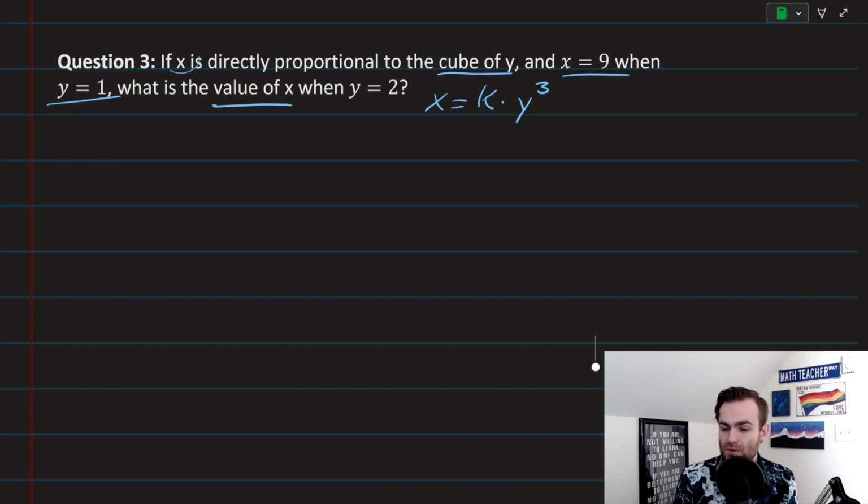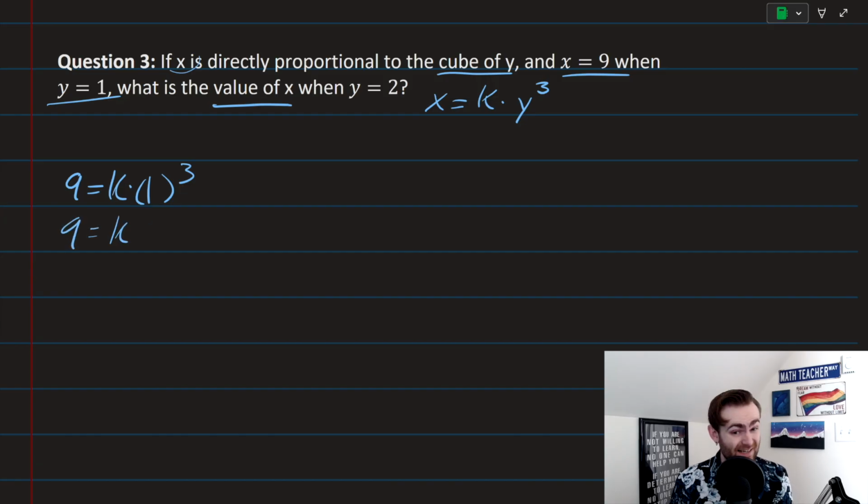So, using our initial values, we have 9 is equal to some k times, not y in this case, 1 cubed. 1 cubed is 1, so 1 times k is k. K is 9.